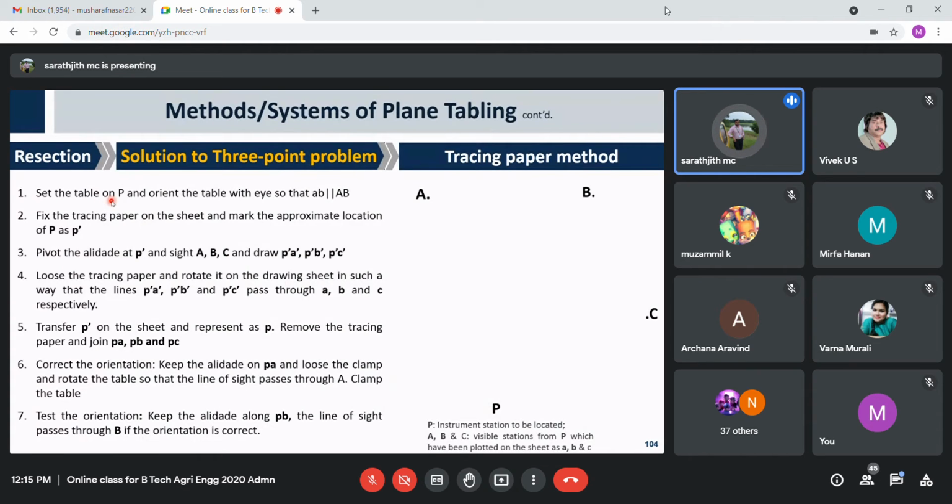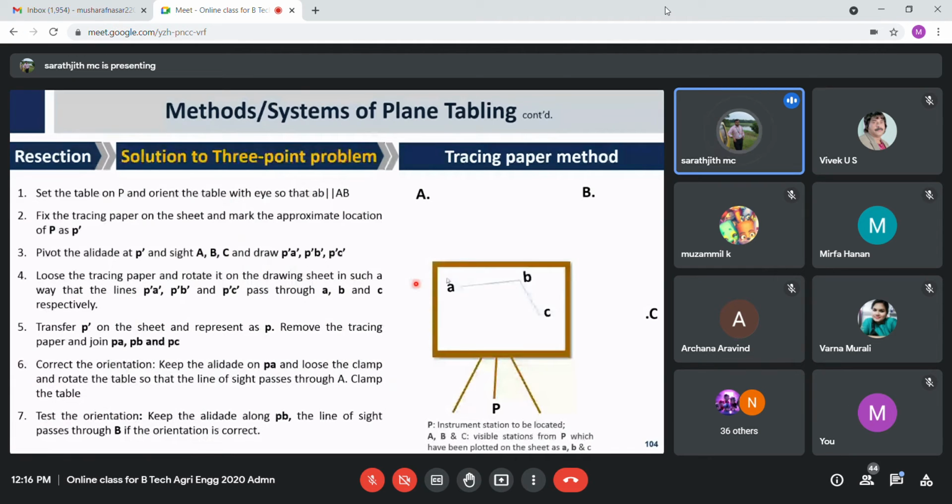First, we have to set the table at point P and orient the table so that the line ab is parallel to AB. So you first set the table. Then by visual orientation, you align the table in such a way that the stations AB and the points that you have marked on the drawing sheet are somewhat parallel.